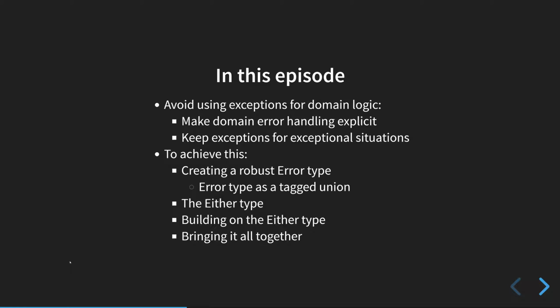Then after we get started with this Either type, we will build upon it to have some capabilities that will help us bring it all together in the end, the Either type, the error type, and everything we implemented so far, in this case in the group management API, which is our example until now for implementing all of these things.